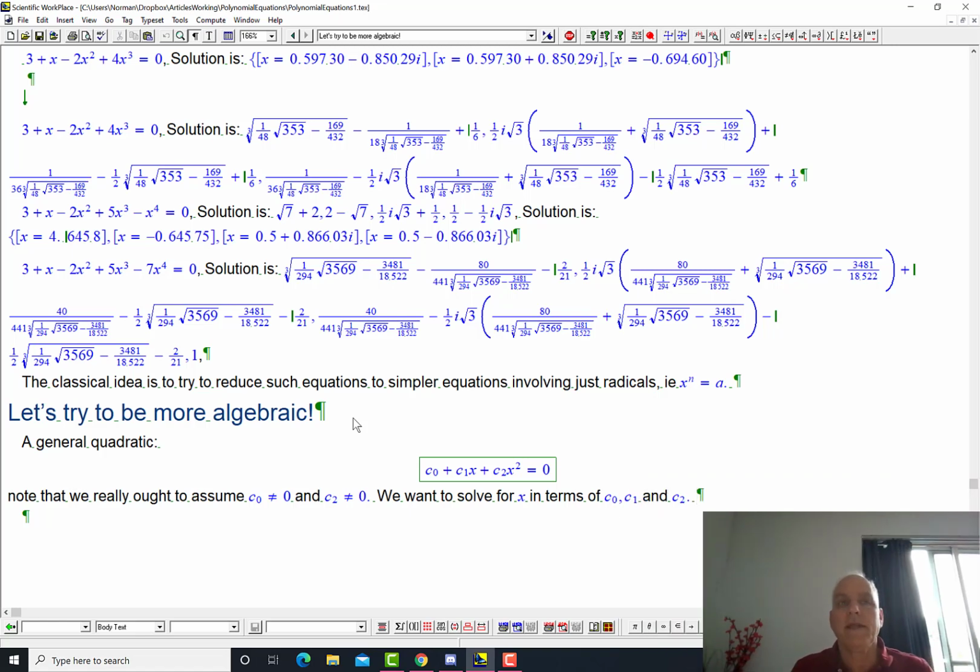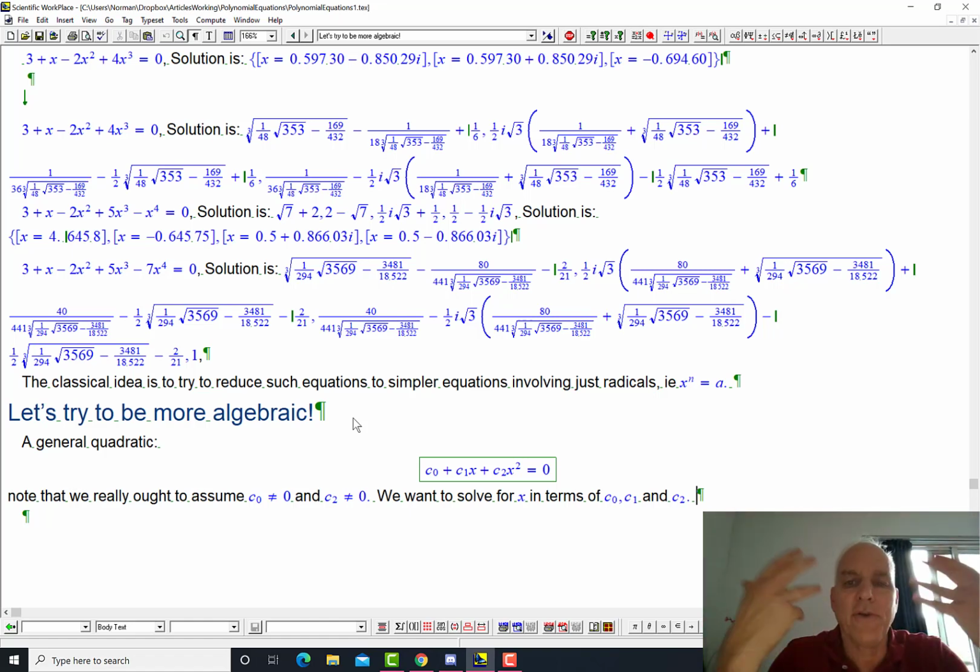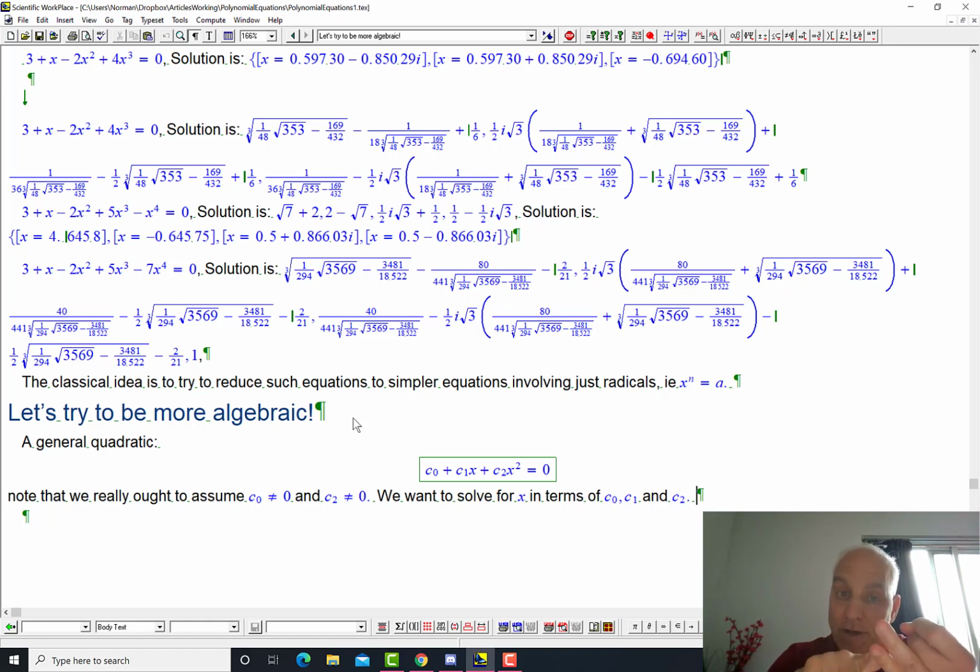So what kind of thing are we looking for? Well, we're not going to allow radicals. We've just said that because radicals are not something that we can actually calculate. So what are the kinds of things that we can calculate? We're just interested in restricting ourselves to basic algebraic operations, which are addition, subtraction, multiplication, and division.